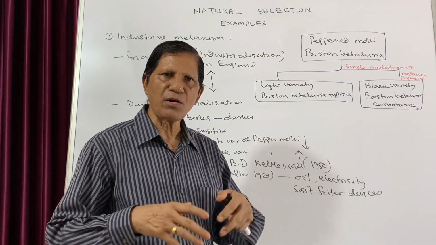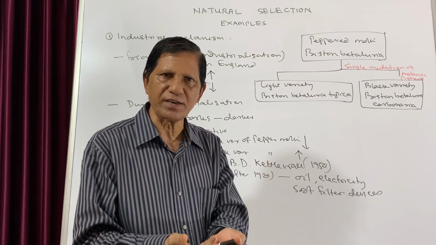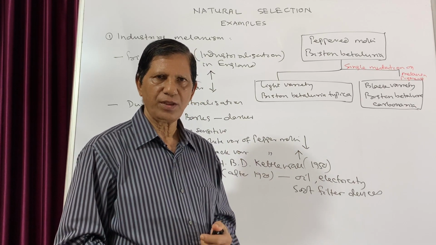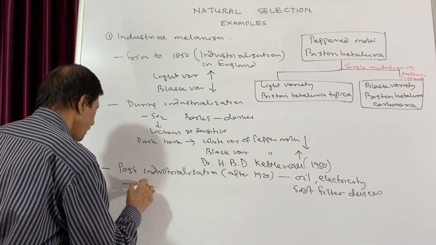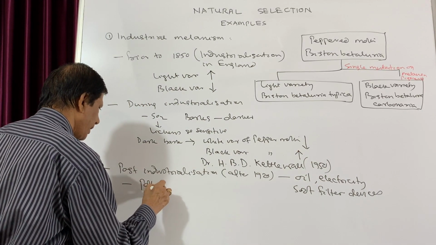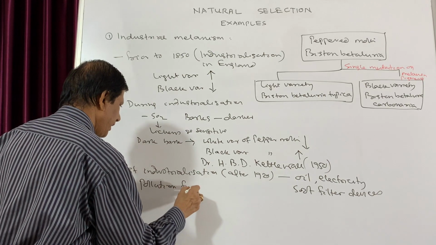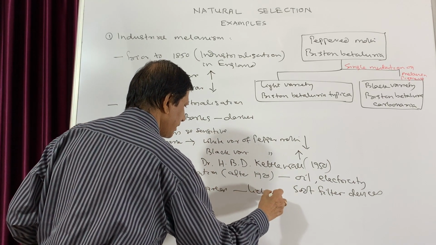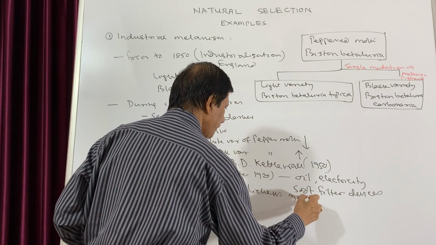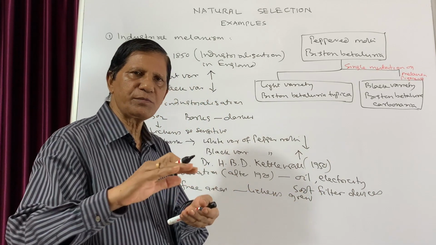The amount of smoke released from the factories decreased. In the pollution free areas, lichens again grew, so again the bark of the trees became white.